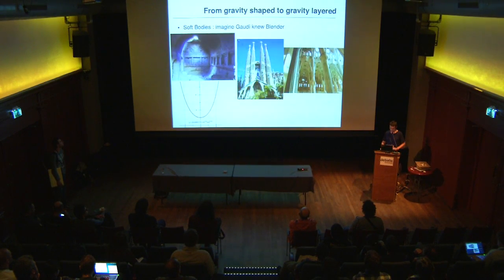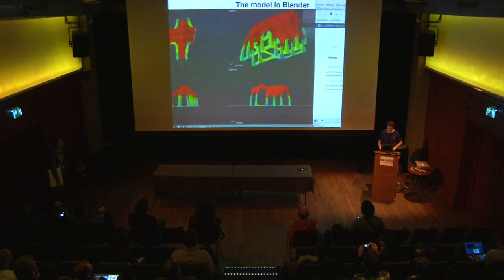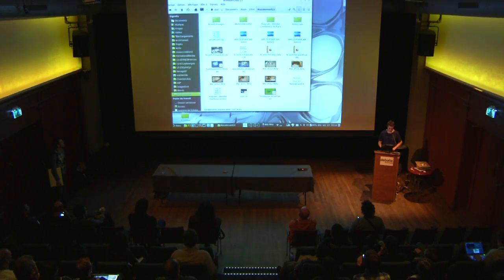And you can do it with soft bodies in Blender. What is interesting is that FDM 3D printing prints one layer on top of the other, so if you use this type of shape, you should get a shape that is easier to print, because you have a slope that is almost perfect.